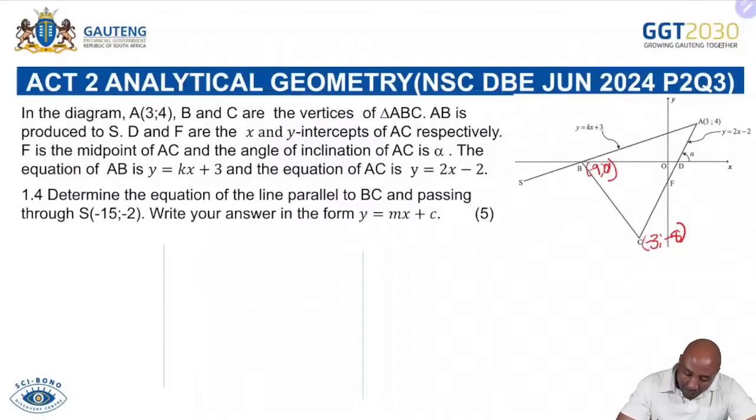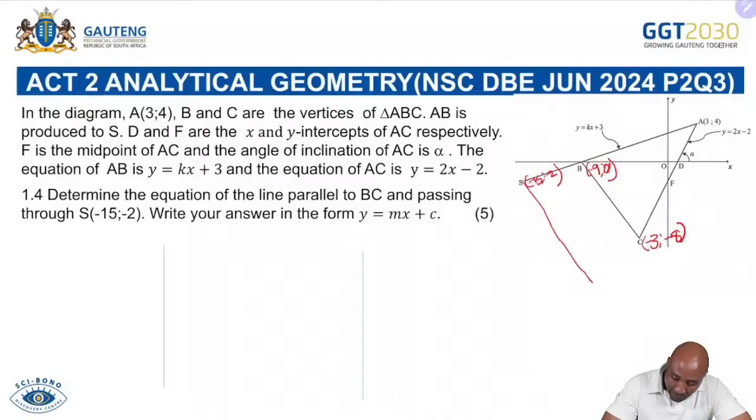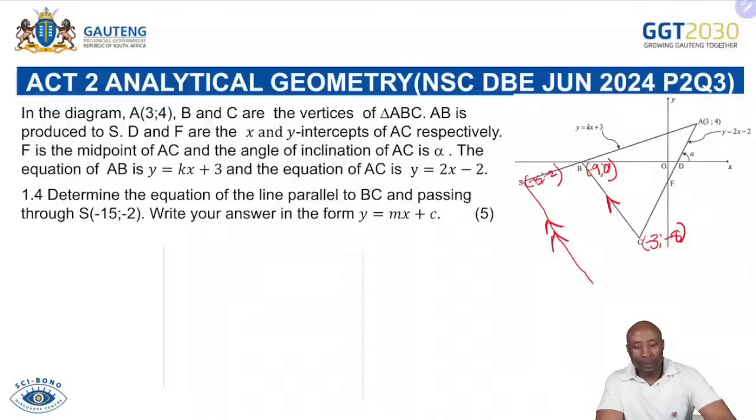Now, we want to find the line equation, where the coordinates of S are given as -15 and -2. So we want to find the equation of a line which is parallel to BC. Visualize it passing through that point.